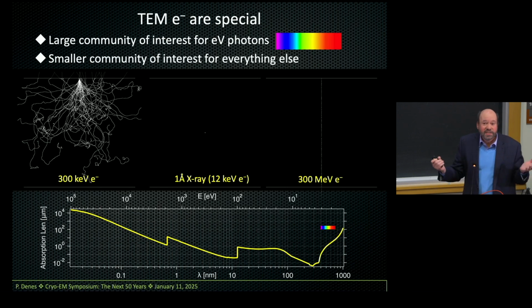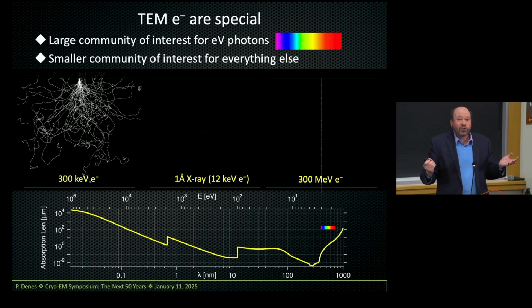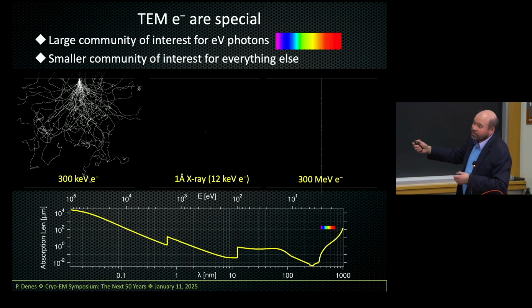And as I don't have to tell you, TEM electrons are special. There's a large community of interest that worries about this extremely tiny region of the electromagnetic spectrum that's very colorful here. The challenge they have is that the absorption length for a photon varies over many orders of magnitude.